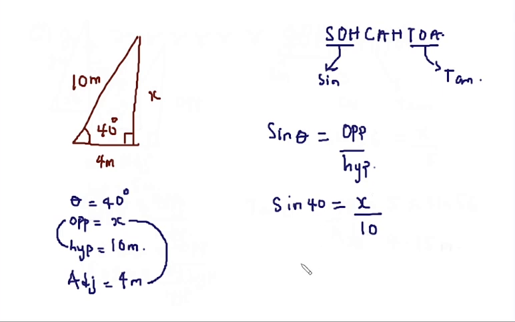If I cross multiply, I'll have x is equal to 10 times sine 40. So x is approximately 6.43 meters.